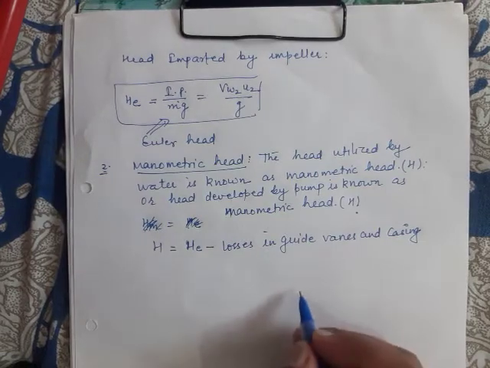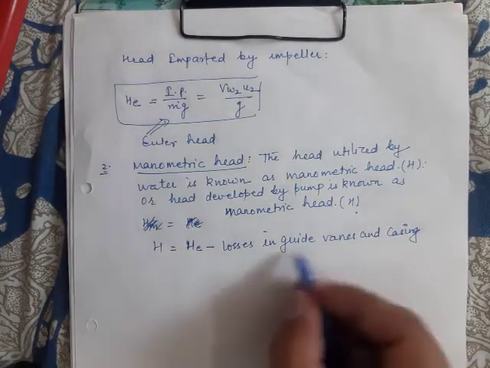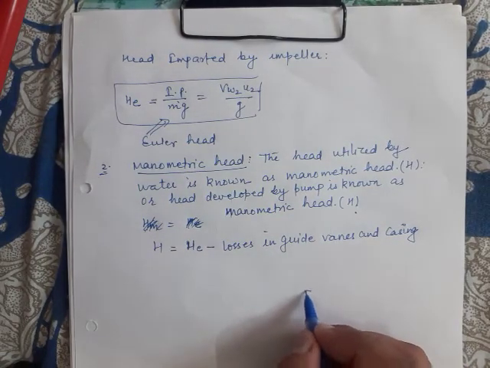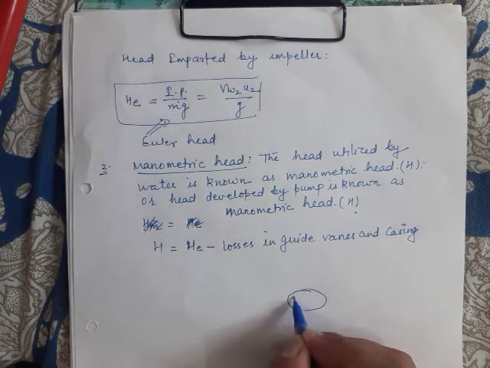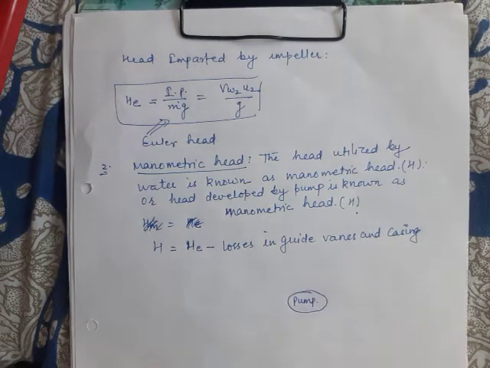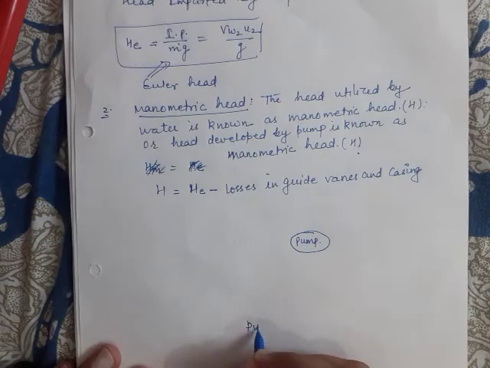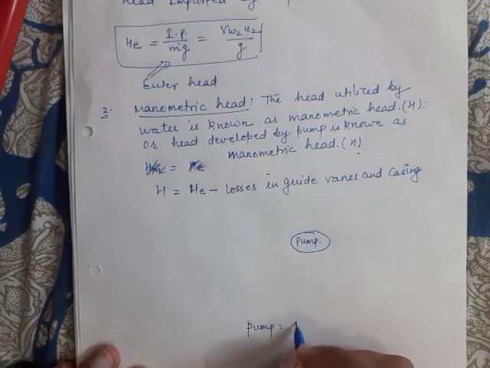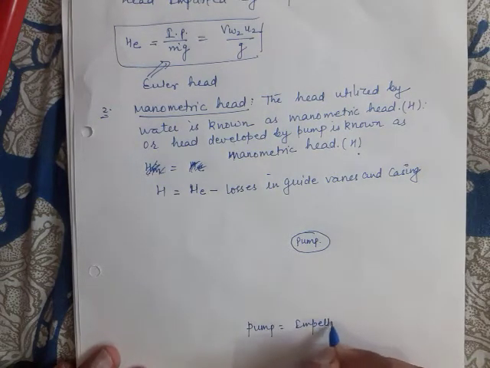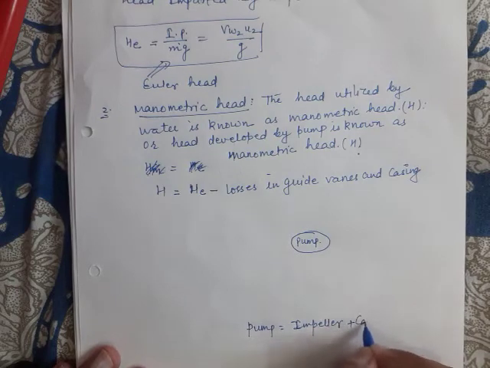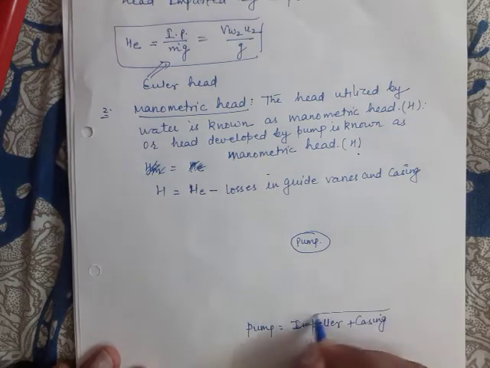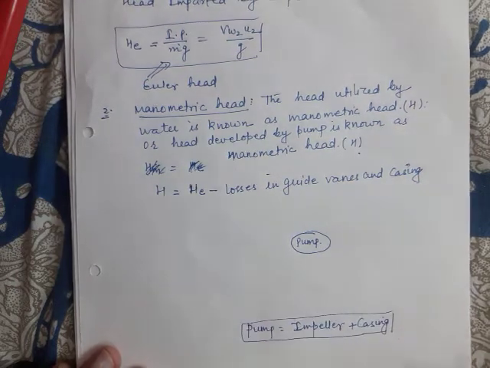Please note, we need to understand the concept very carefully. This is the pump, the main pump. When I talk about the pump, it simply means impeller plus casing. Casing may consist of guide vanes, or it may be a simple volute casing.